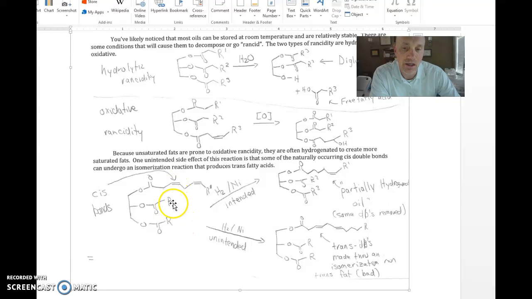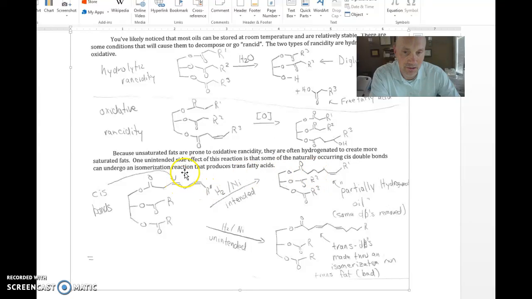Anyways, in order to make these fatty acid chains a little bit more stable, one thing that is commonly done is hydrogenation. If you treat this fat with hydrogen gas and a nickel catalyst, what you end up doing is turning some of these double bonds into single bonds.